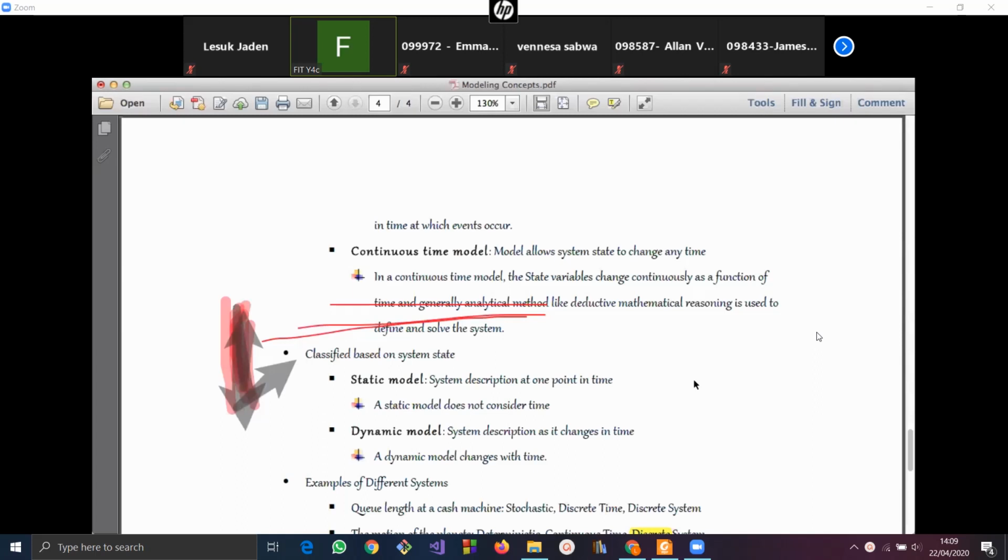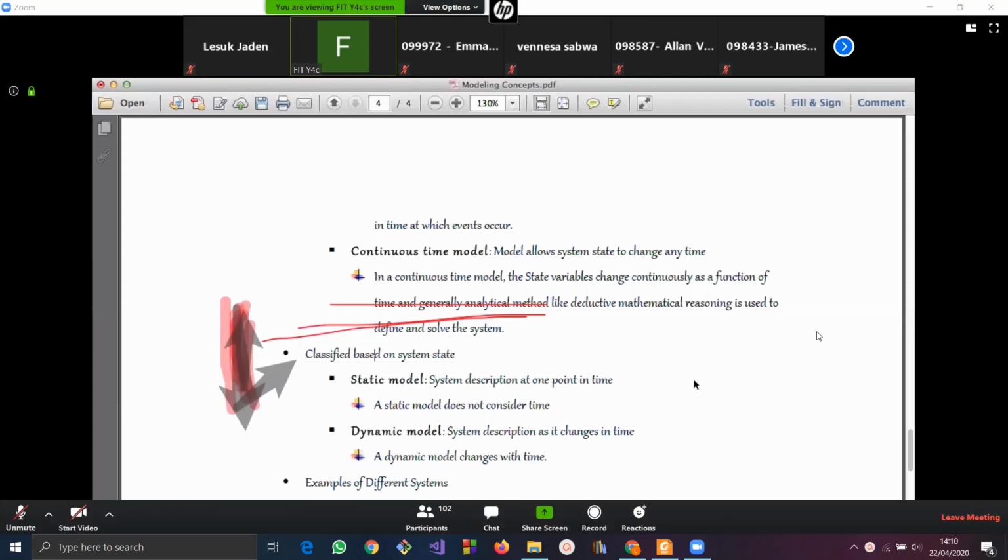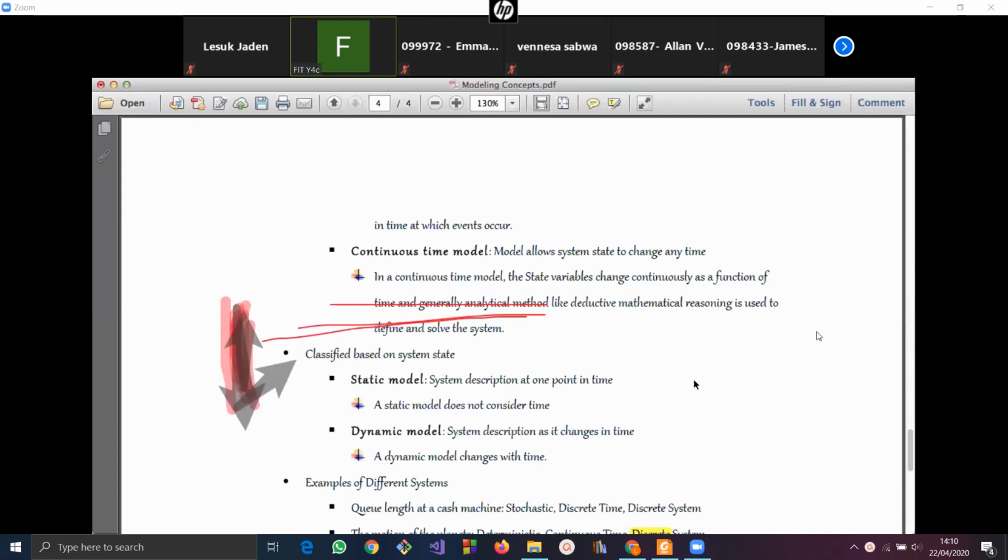So what that means is that element of change of state anytime, meaning that the humidity recorded by the sensor anytime in the greenhouse is not going to depend on time, but is occurring in a continuous manner. So that's what we call a continuous time model, meaning that anytime I wish to collect data, I can get it.